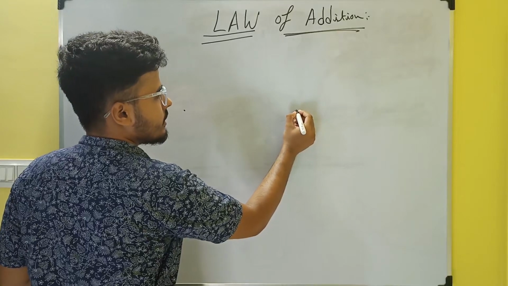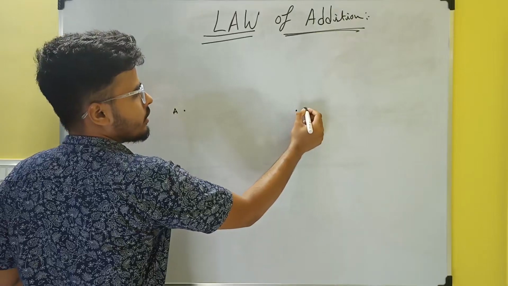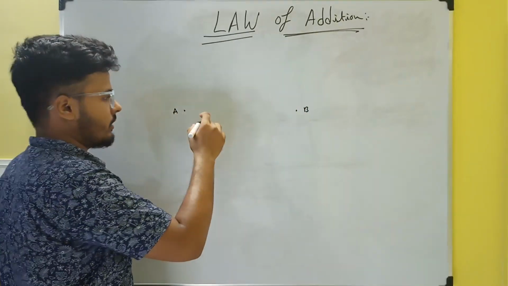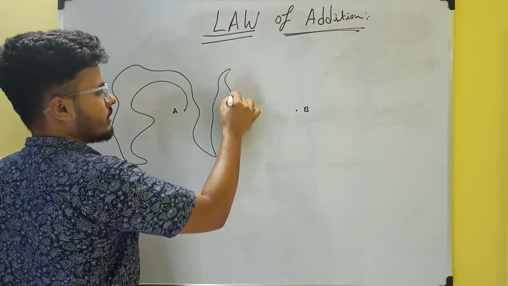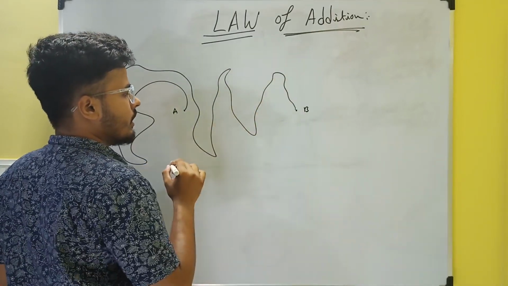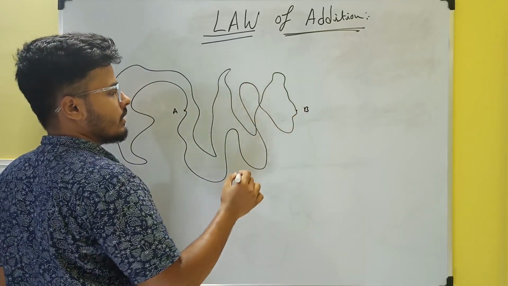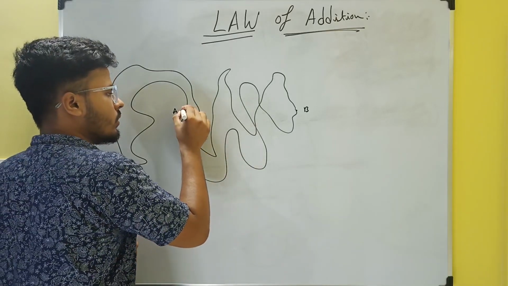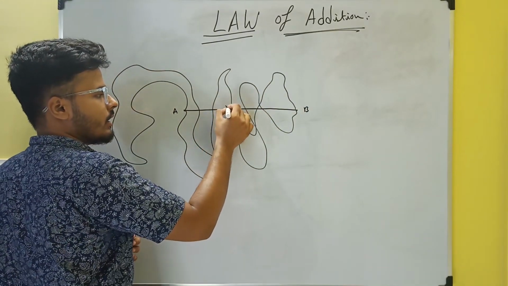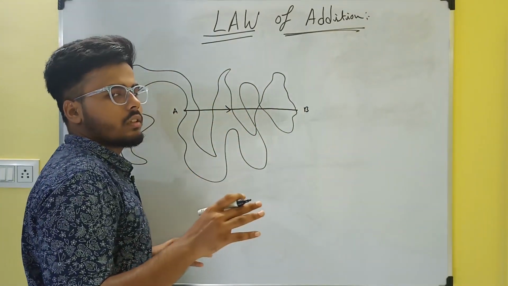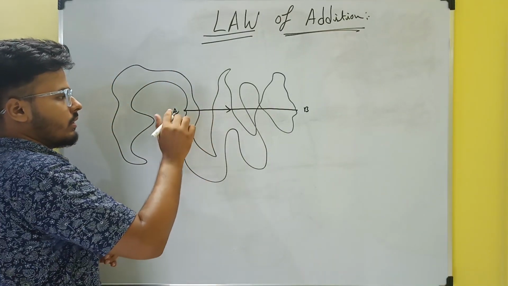Let's say this is a point A and this is a point B. We can go from point A to point B through various paths. You can go like this, you can also go like this, and you can also go in a straight line, which is the shortest path.